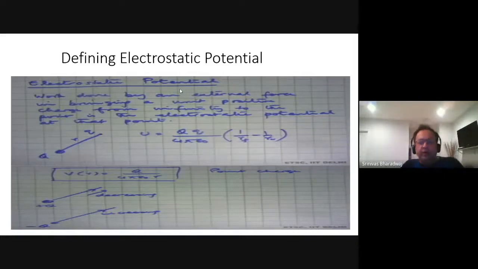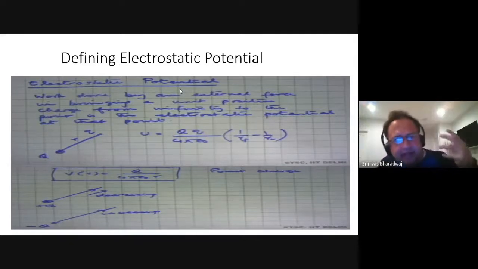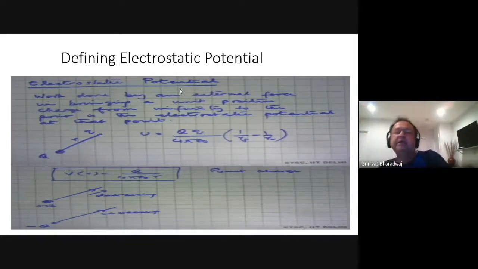Now, if you wanted to find the energy, you just multiply it by the particular charge, because we discussed unit charge. If you had a charge of say 5 coulombs, just multiply it by 5 to give you the energy. The potential times Q will give you the energy. So what the electric field is to force, the electrostatic potential is to energy.